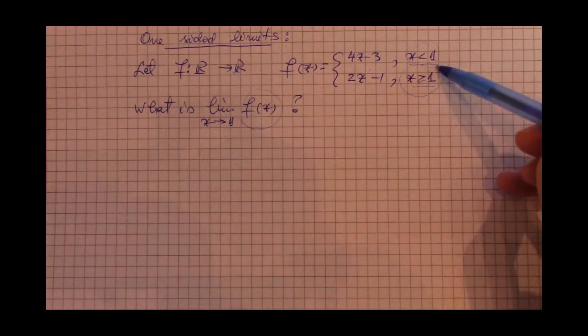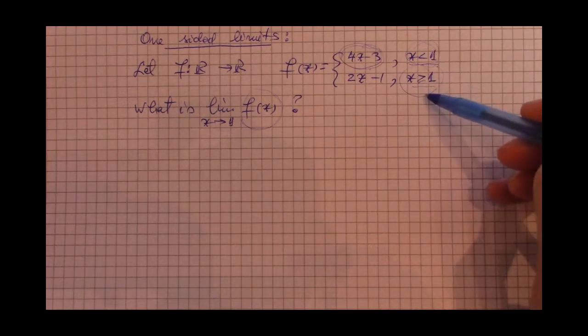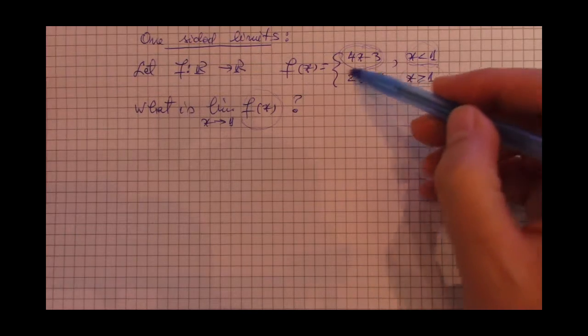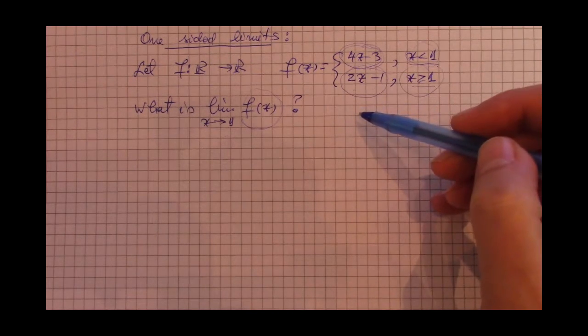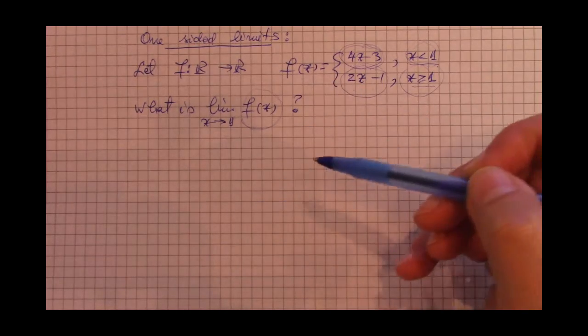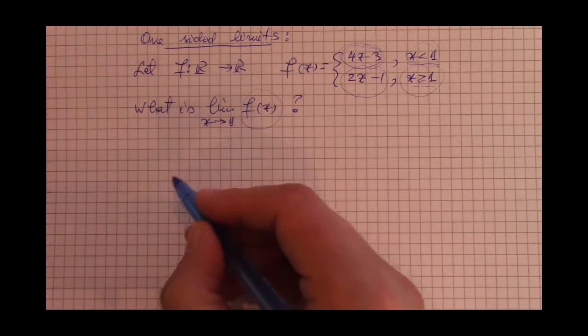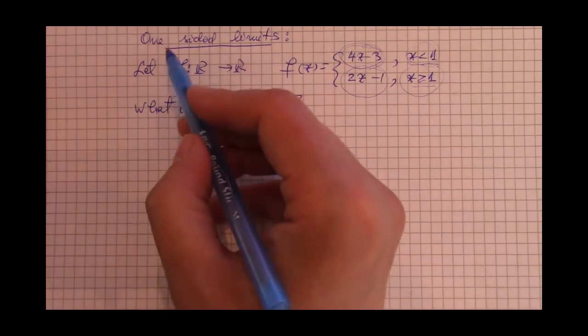If x is less than 1, our f of x is this value, while if x is greater than or equal to 1, our f of x is this value. So there's no way you can just replace f of x by one expression and work with that. So what we have to do is compute two limits.